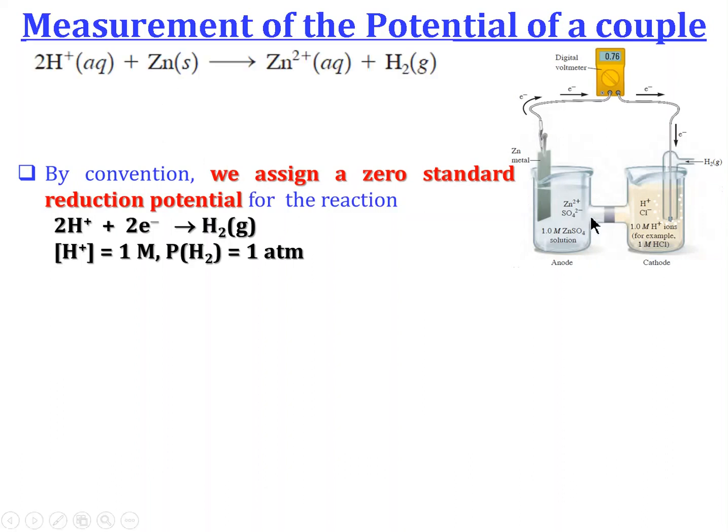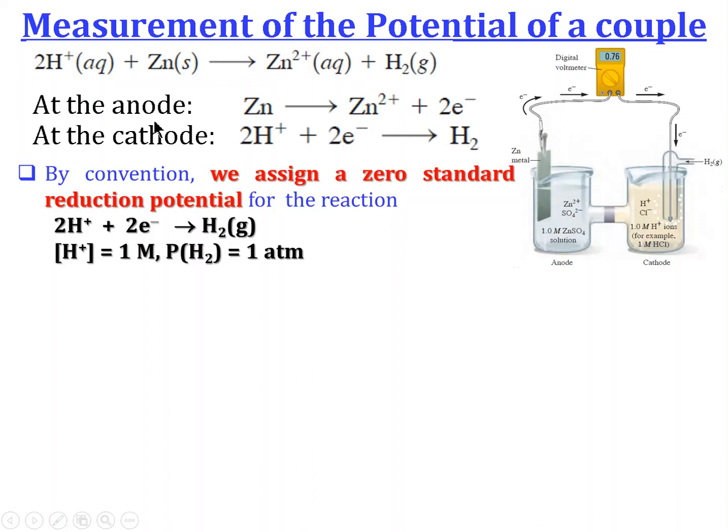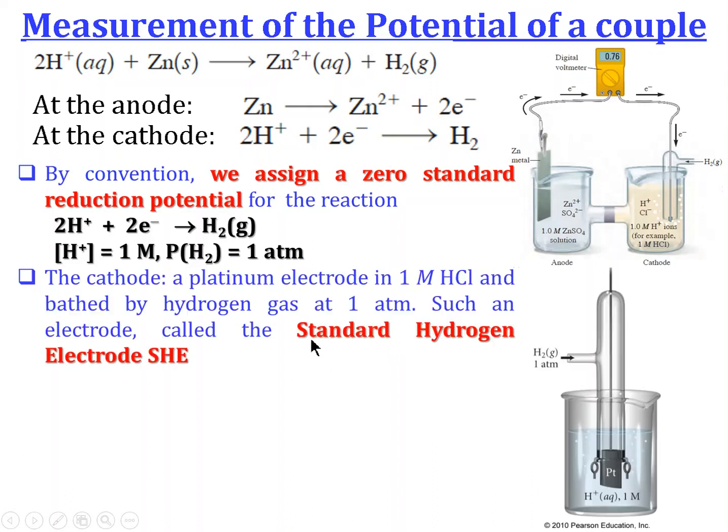So consider the reaction in this example: 2H+ + zinc gives zinc 2+ + H2. It can be divided into two half equations. At the anode, zinc to zinc 2+, and at the cathode, H+ to H2. Since zinc is a metal, it can serve as the electrode on the left side.